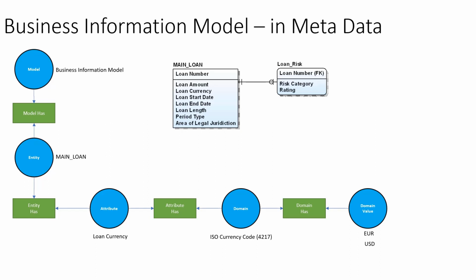And those belong to the ISO currency code domain. If you have another attribute that represents currency in some other context, and that attribute also uses the domain ISO currency code, it will reuse the same domain.